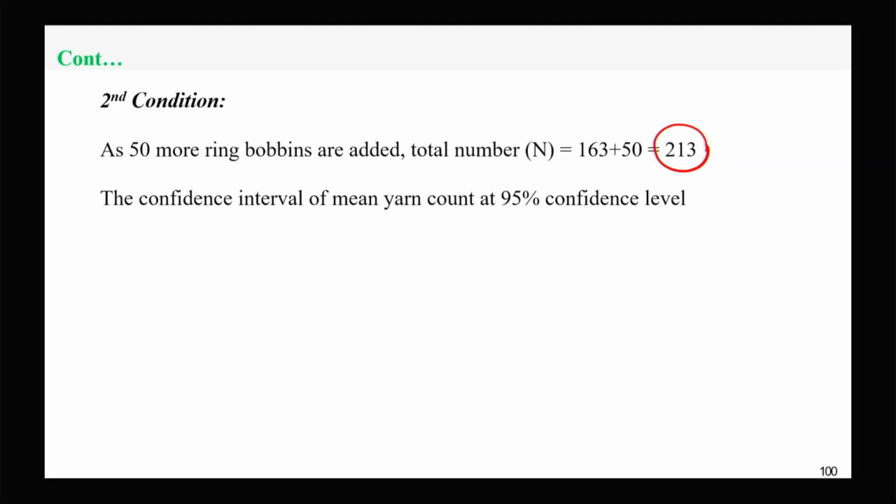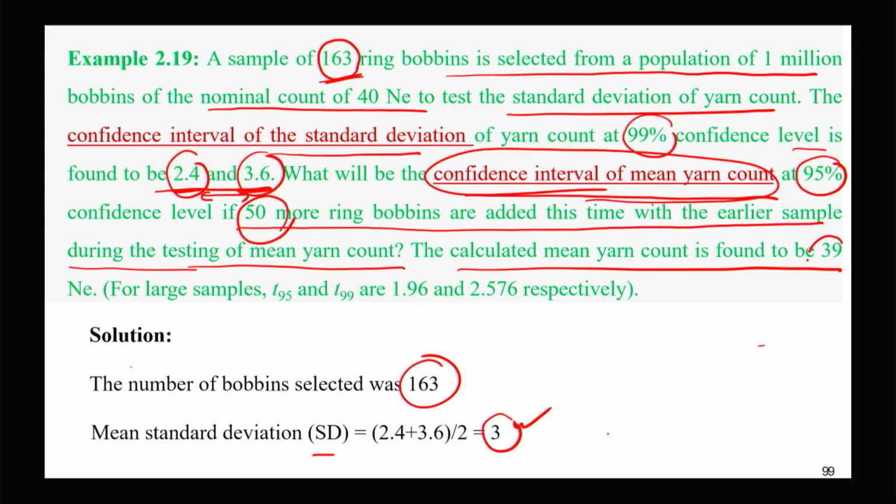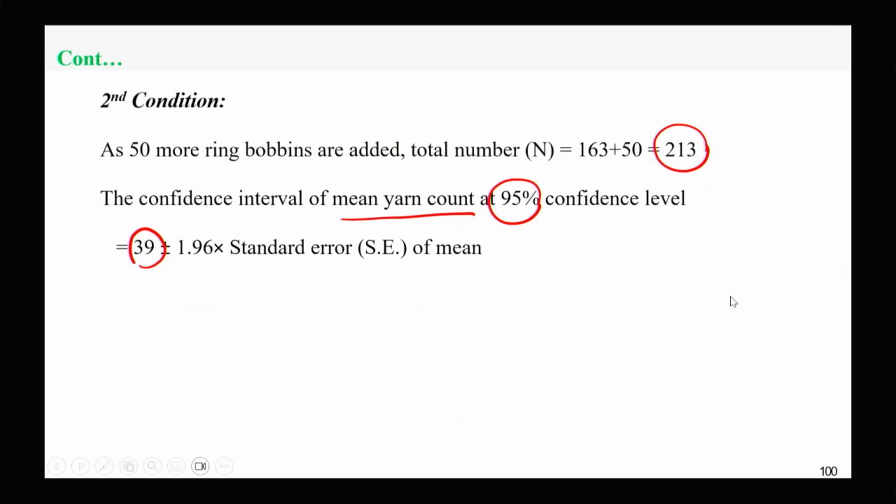So confidence interval of mean yarn count at 95% confidence level will be 39, as the mean calculated yarn count is 39, plus minus T into standard error of mean.